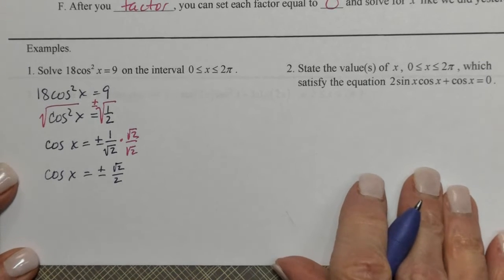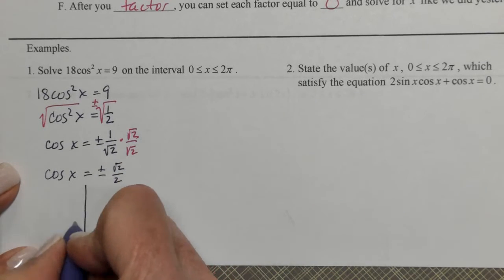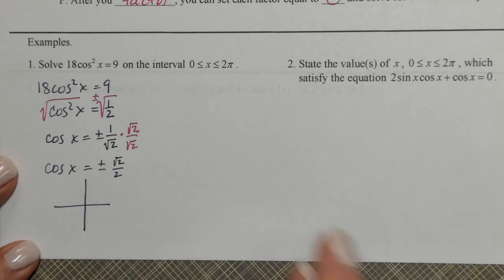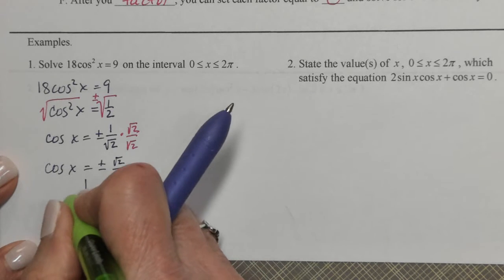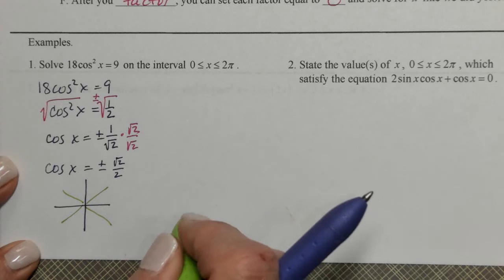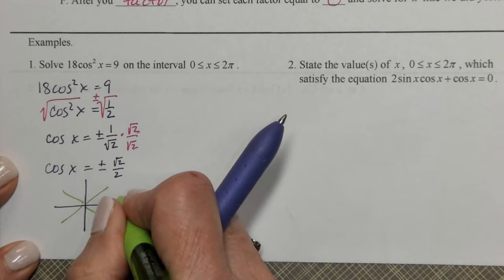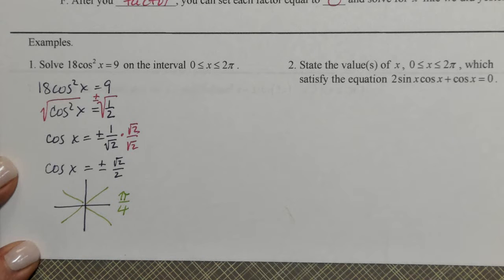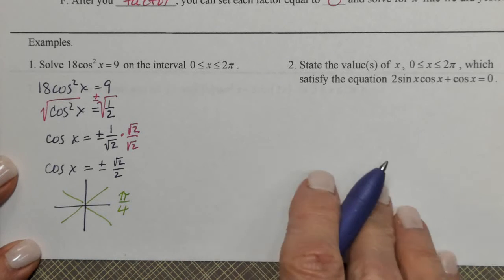And now we're back where we were yesterday. We ask ourselves what quadrants? Well, it's positive and negative, so cosine is positive or negative in all 4 quadrants. The reference angle is pi over 4 because pi over 4 makes cosine square root of 2 over 2.